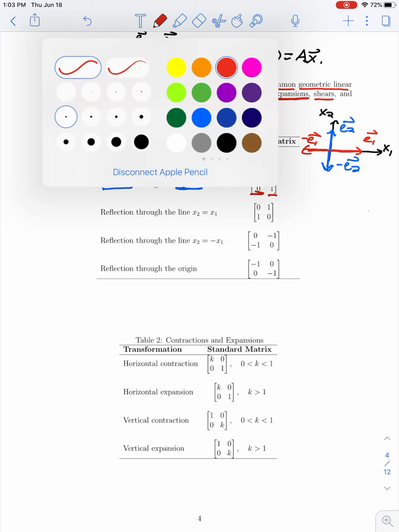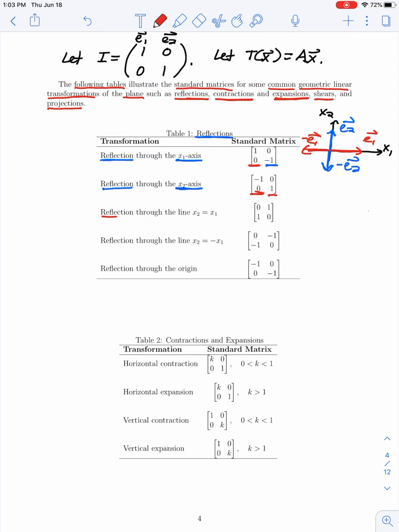Now, let's consider for our next one, reflection through the line x2 equals x1. So let's consider a different figure here. Suppose that for points in the x1, x2 plane, we have a line given by x2 equals x1. That is the line of slope 1 passing through the origin.